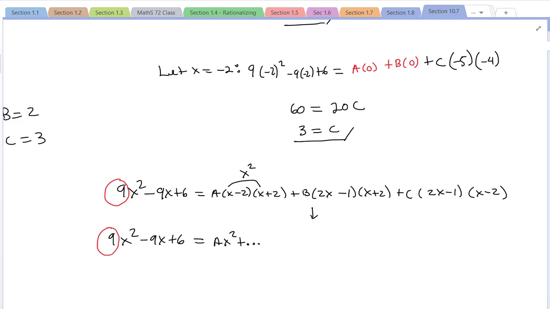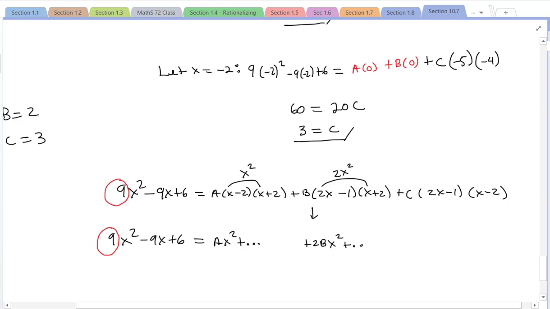So for B, I'm going to have 2x times x, so that's 2x squared times b, so plus 2b x squared, and then b times the rest of the FOILing, which I don't need because I'm just looking at the x squared coefficient.